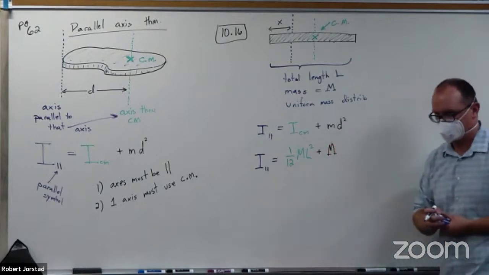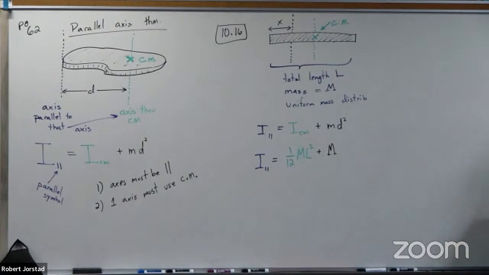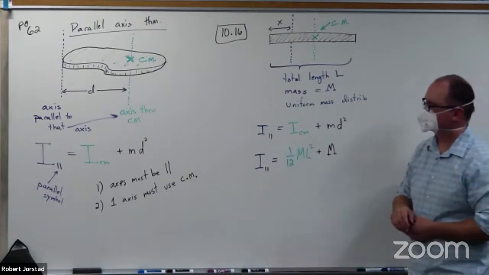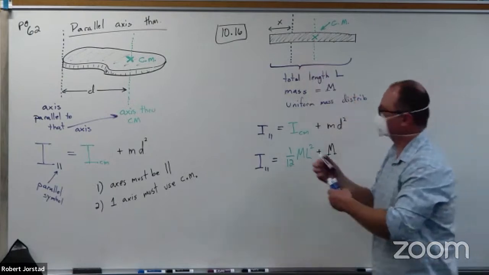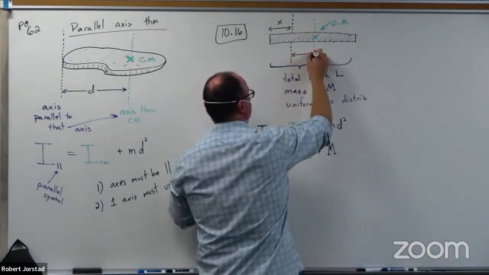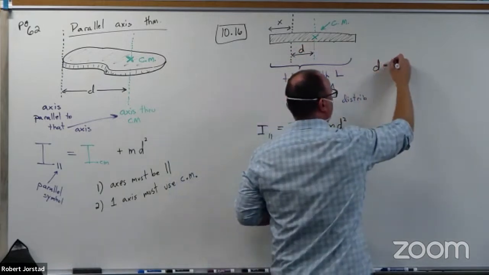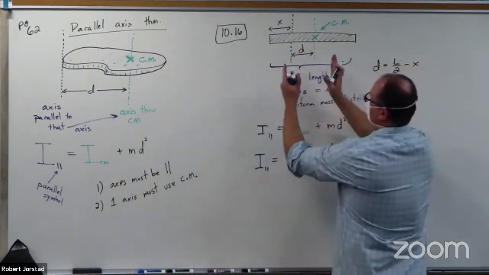What's D? The distance. From what to what? It's the distance. Look at the picture over there. L/2 minus x. Does that make sense? It's got to be this distance here, which is not x, not L. It's half, right?